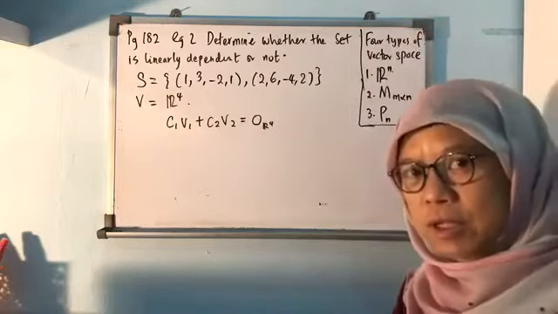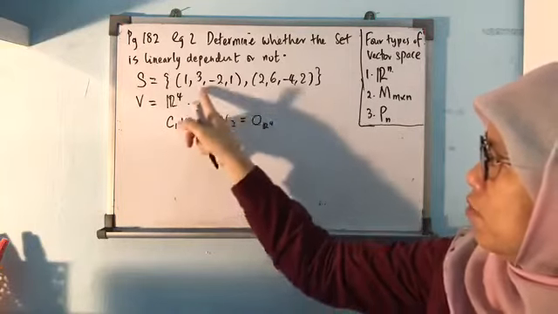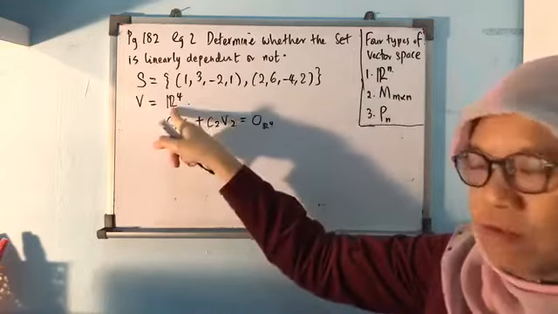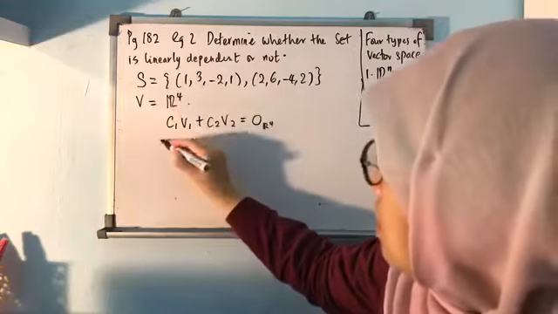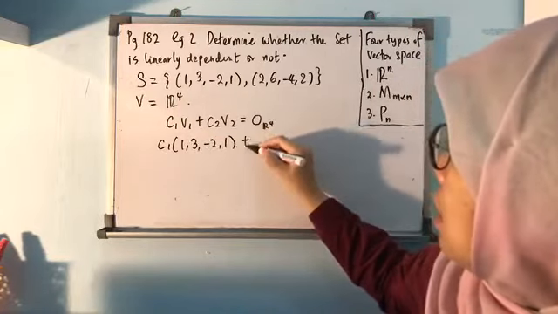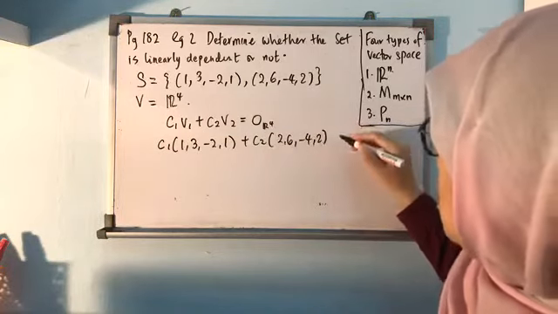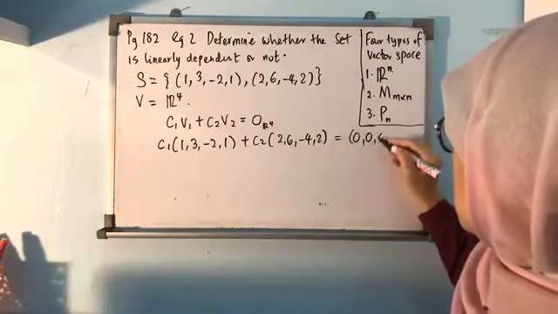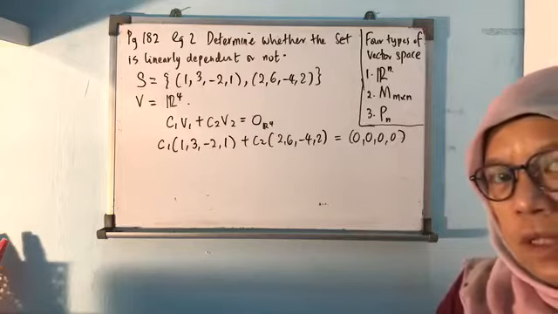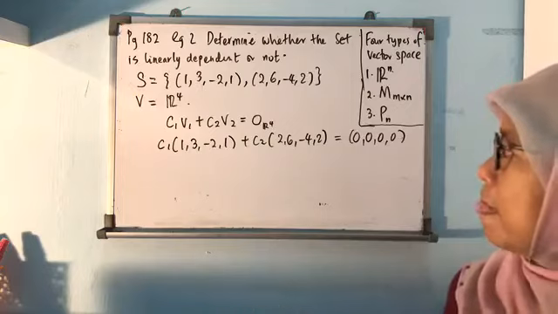So this is from definition. You want to find C1 and C2, so C1 V1 plus C2 V2 equal the zero vector of V. Then you will write C1 1, 3, negative 2, 1 plus C2 2, 6, negative 4, 2 equal 0, 0, 0, 0. So what you do is to solve system of linear equation which is homogeneous, right?